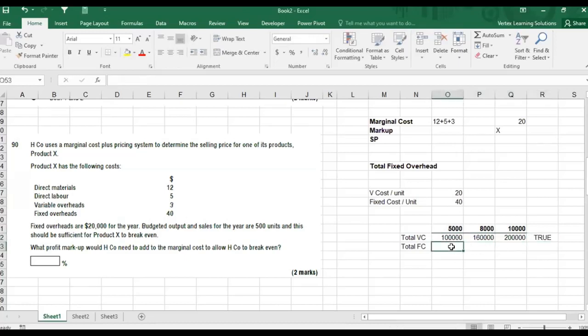But then they say 5,000 multiplied by 40, then 8,000 multiplied by 40, and then 10,000 multiplied by 40. Now that is false, because your fixed costs are not increasing. We said it is fixed cost, but it is not fixed here. So you should never calculate fixed cost per unit. You should say my fixed cost is $20,000 or whatever, and just copy paste it. Fixed cost should never be included in your per unit calculation. Am I clear now?